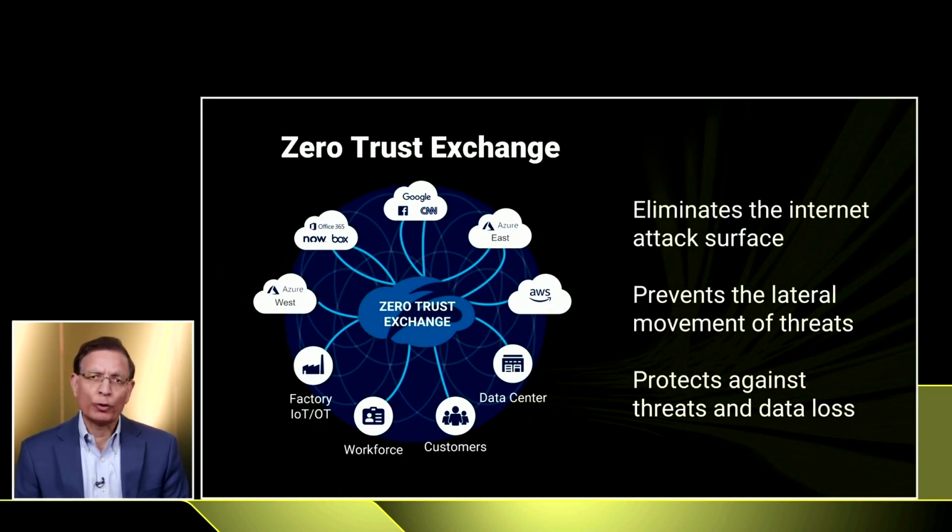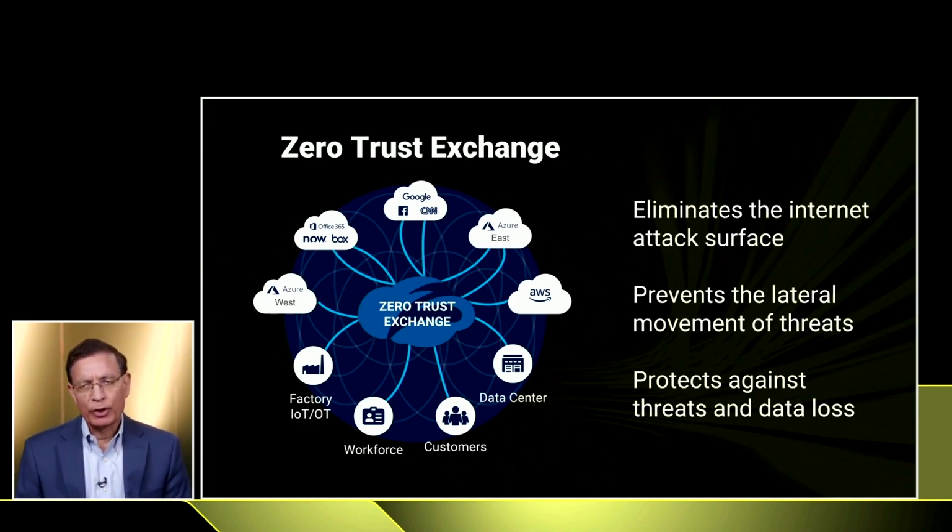The old world, which had a hub and spoke networking model and a castle and moat security model, is no longer relevant. That's too slow. That creates lateral threat movement. So we came up with a new notion, which is the opposite of network security. We call it Zero Trust.